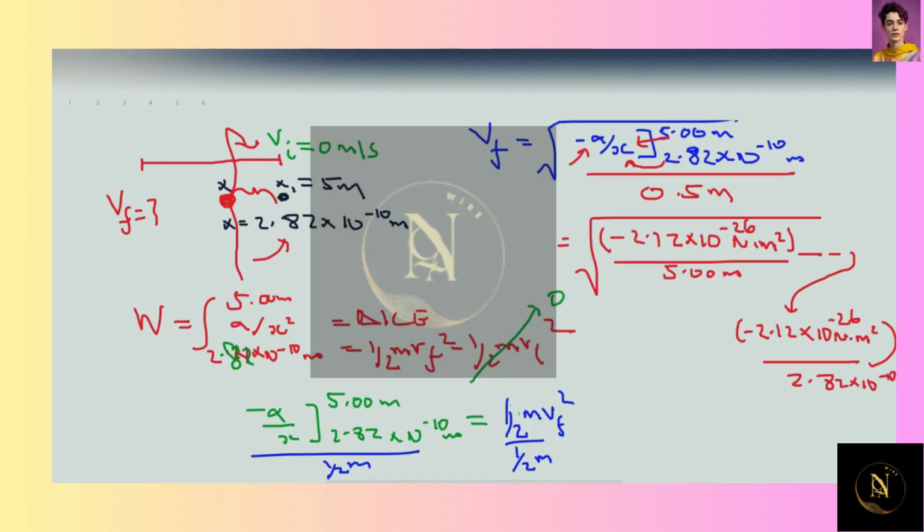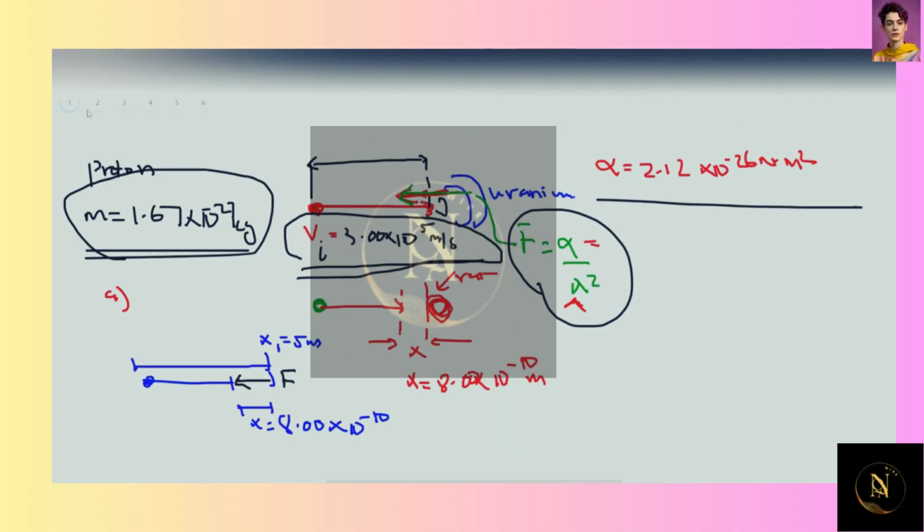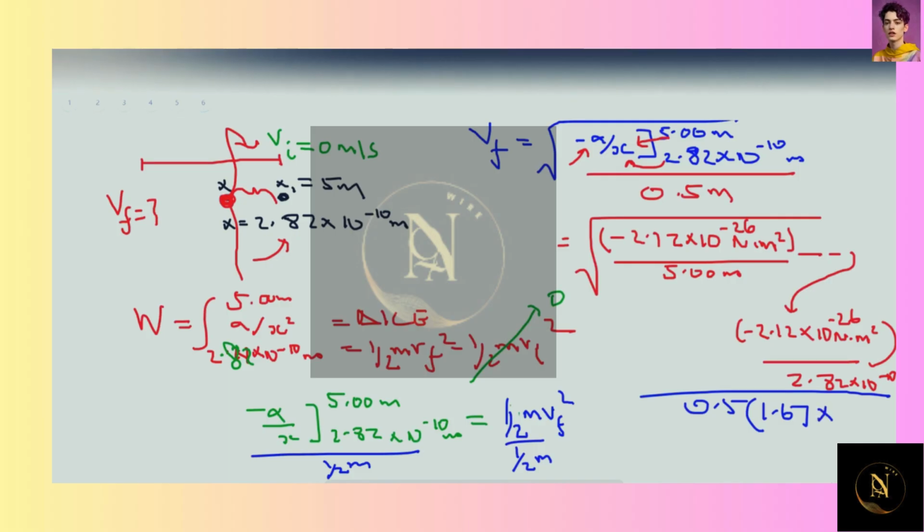That whole result at the top has to be divided by 0.5 times the mass of the object. If you can go back, mass of the proton is 1.67 times 10 to the negative 27 kilograms, like that.